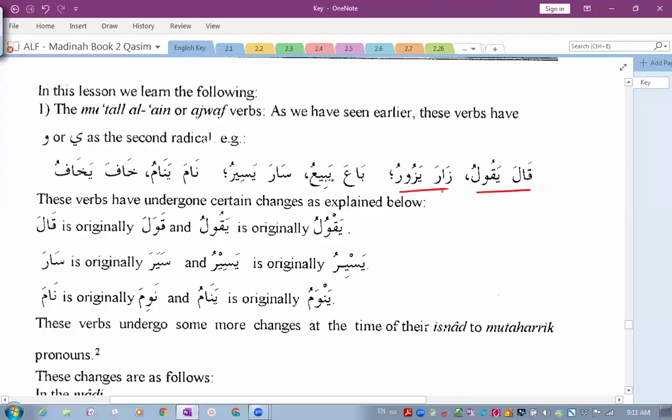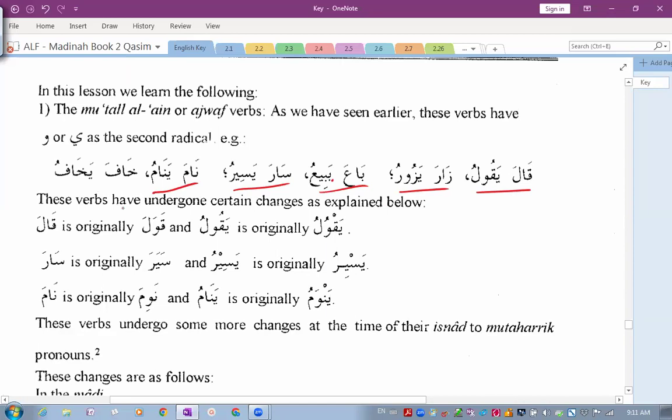Zara yazuru, to visit. Ba'a yabiu is to sell. Sara yasiru, to walk leisurely, sair karna in Urdu. Nama yanamu, to sleep. Khafa yakhafu, to be afraid, to have fear.